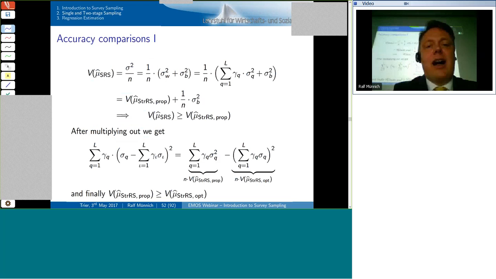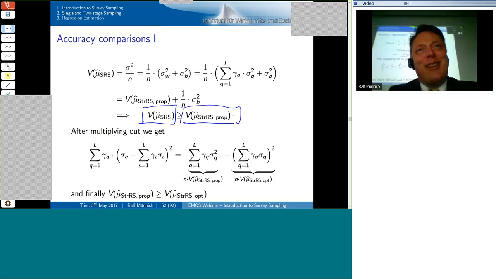I said under certain circumstances we can compare the variances, and I just give the results. I think the formula is straightforward if you plug them in. What you can always say is that the variance of simple random sampling is at least as high as the variance of stratified random sampling with proportional allocation.